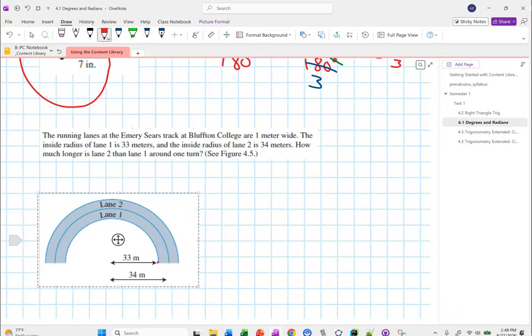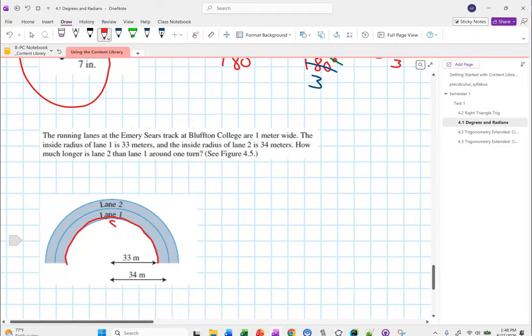So the inside part of lane 1 would be this distance. I'm going to call that S1. Everybody okay? And it wants us to compare that with the shortest distance it would take in lane 2.